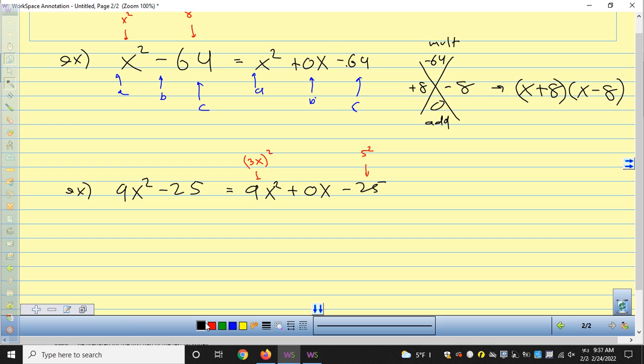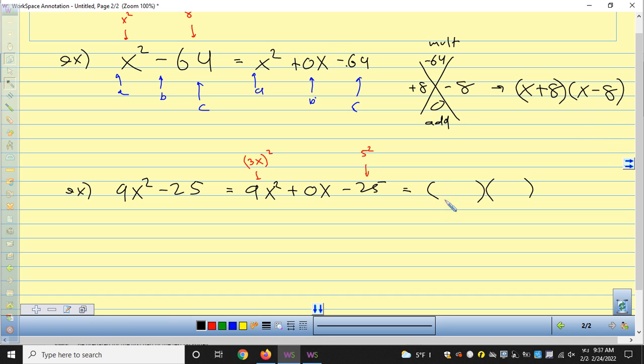So based on the last problem, does anybody want to guess how this one's going to factor? Any guesses?